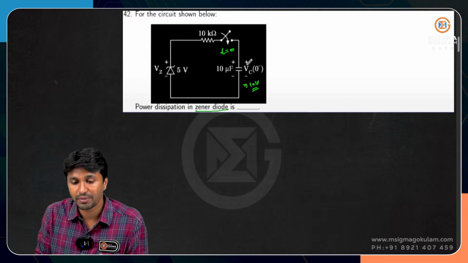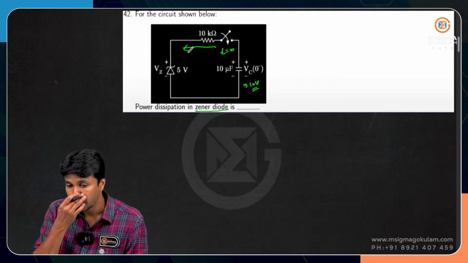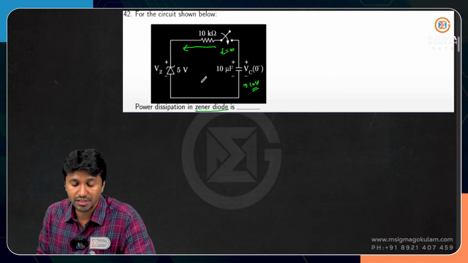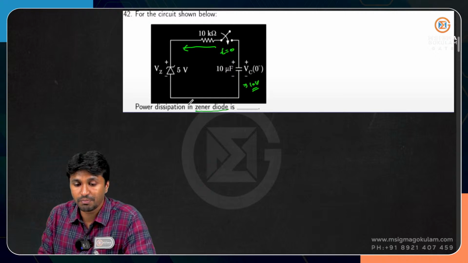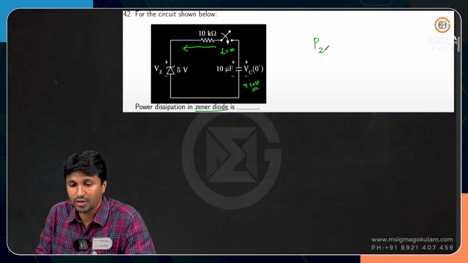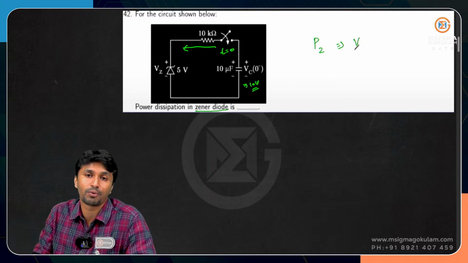Okay, so what happens when the switch is closed? Obviously the current will start to flow from the capacitor to the rest of the circuit. So therefore look at this one, he's asking you to calculate the power dissipation across the Zener diode. So we know how to calculate the power dissipation across the Zener diode, a product of voltage and current.